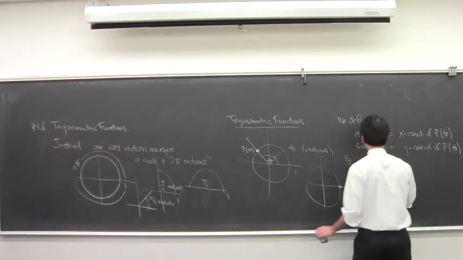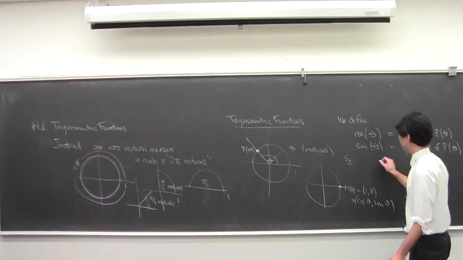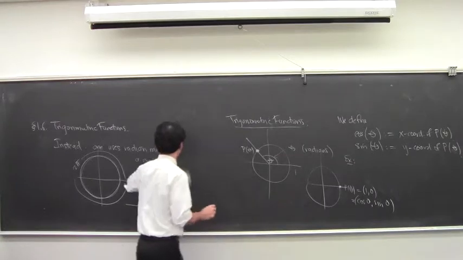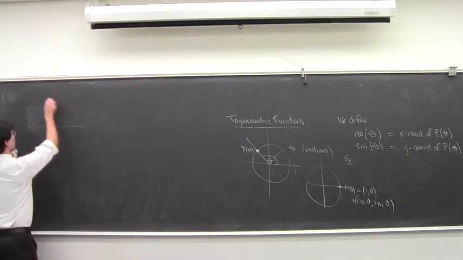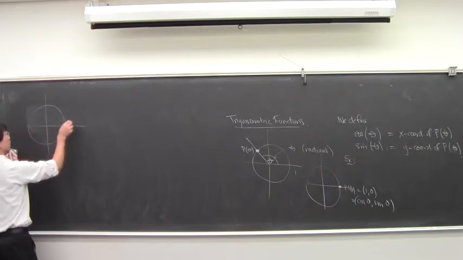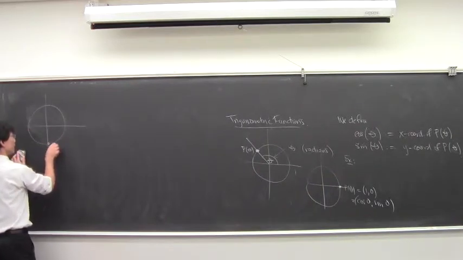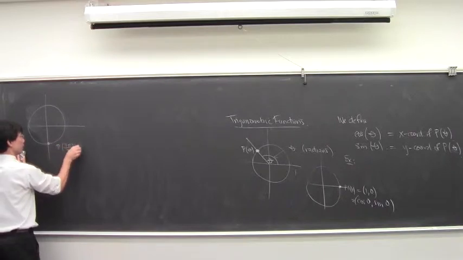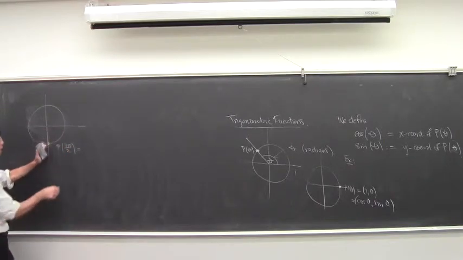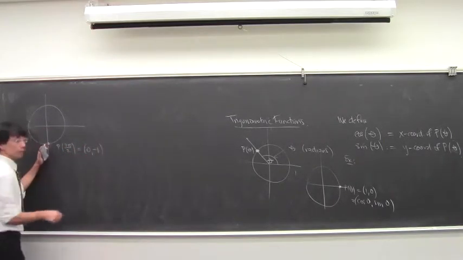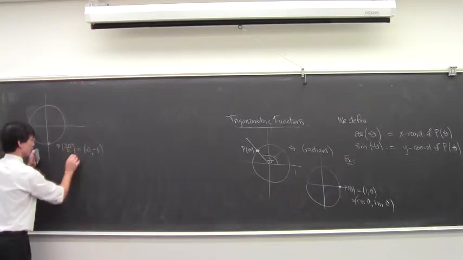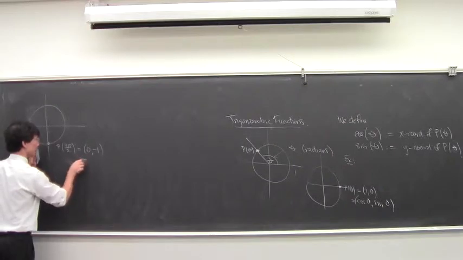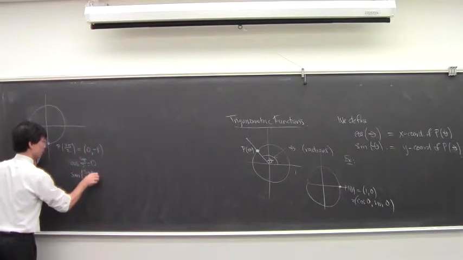If I look at the coordinates of P 3 pi over 2, I see that that's 0, negative 1. That tells me that the cosine of 3 pi over 2 is 0, and the sine of 3 pi over 2 is negative 1.